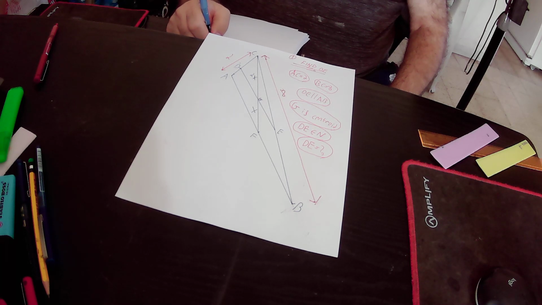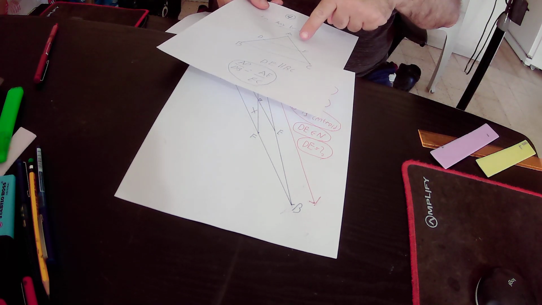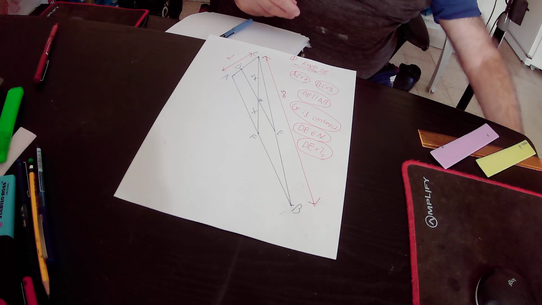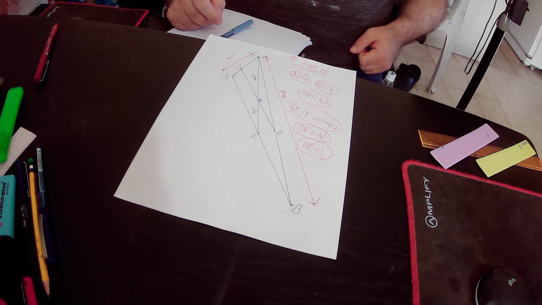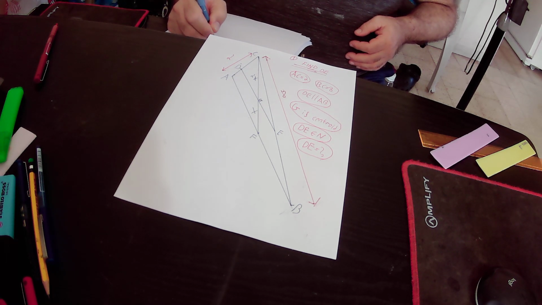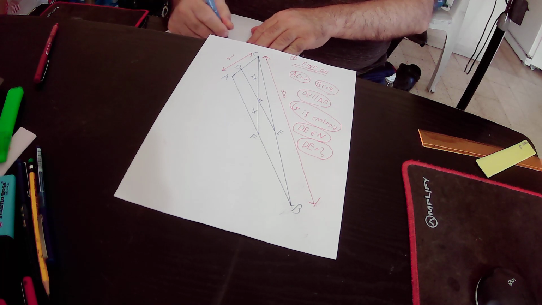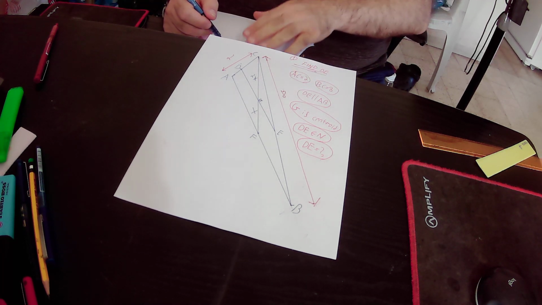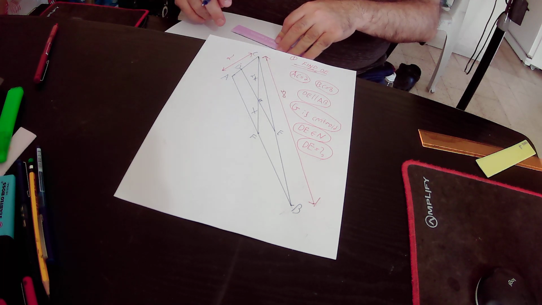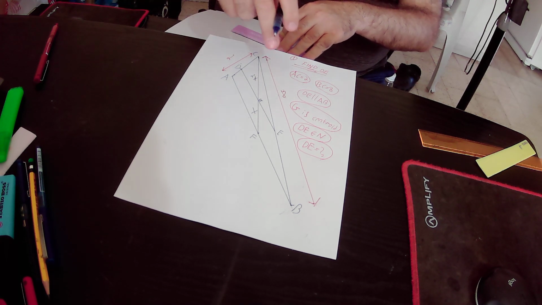Because DE is parallel to AB, according to this rule we can conclude that the following relationship exists between the sides of triangle ACF: CD over DA will be equal to CG over GF.